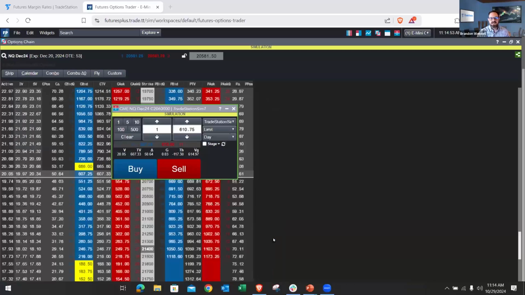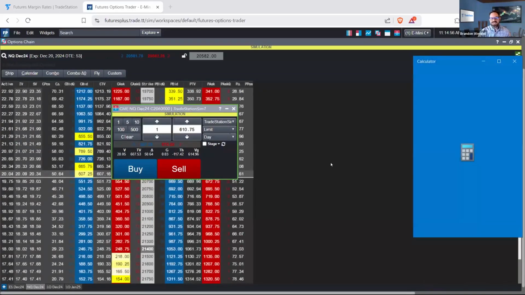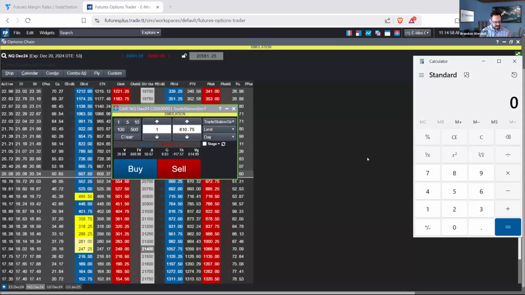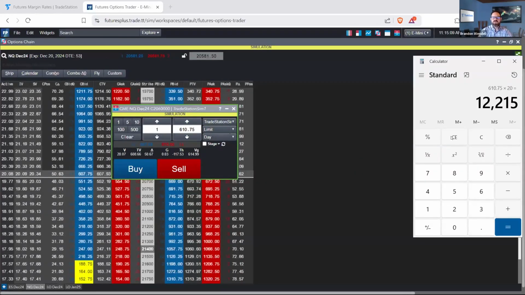Let me go to calculator here, because I'm not doing that in my head. There we go. So it's 610.75 times 20, because each point in the NASDAQ is 20 bucks. So that contract right now would cost me $12,215.